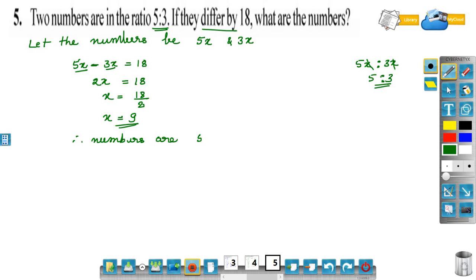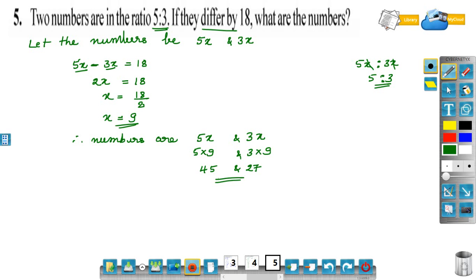the ones we have taken as 5x and 3x. Now substitute 9 in the place of x because x is equal to 9. So 5 into 9 and 3 into 9. 5 nines are 45, 3 nines are 27.